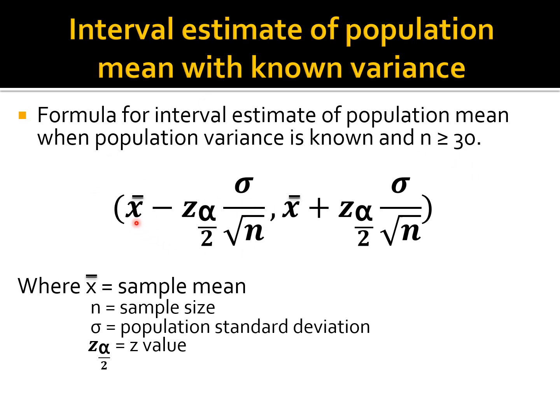We have x, the sample mean, minus the product of the z score, the one with the subscript alpha over 2, and the quotient of the population standard deviation, sigma, divided by the square root of n, the sample size. In this part we have subtraction as the operation, and the next part is addition. Okay?